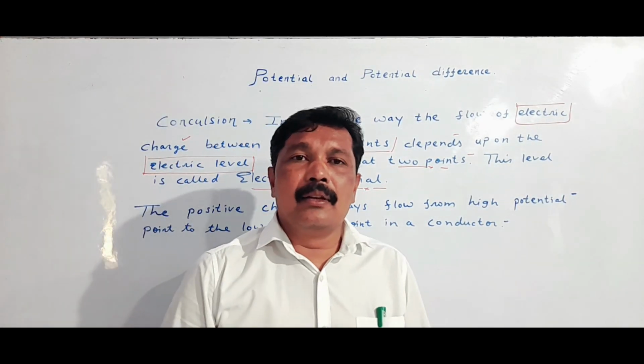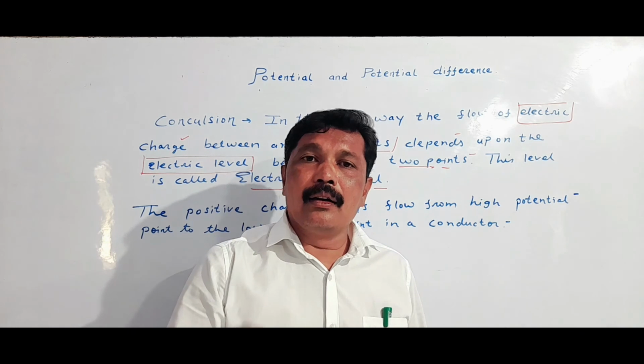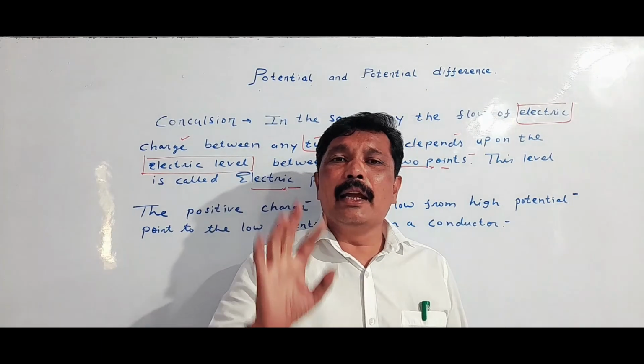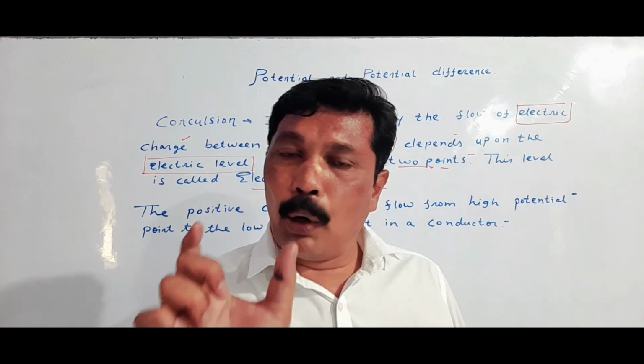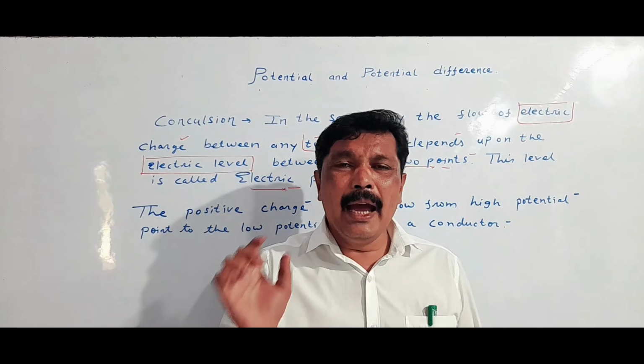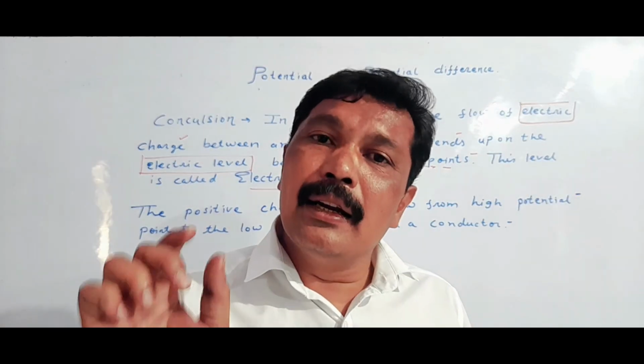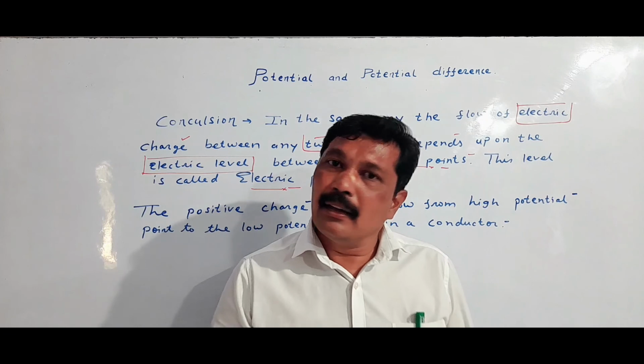This means if we want a current to flow between any two points of a conductor, we have to apply potential difference in that conductor.